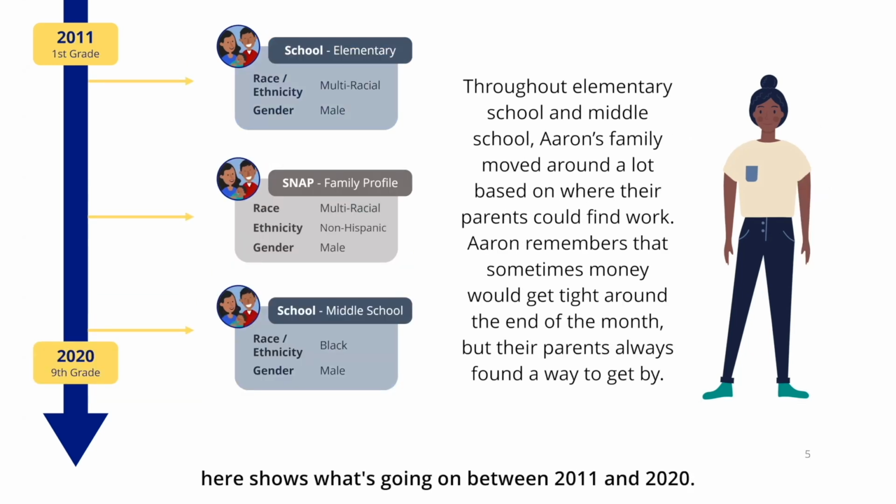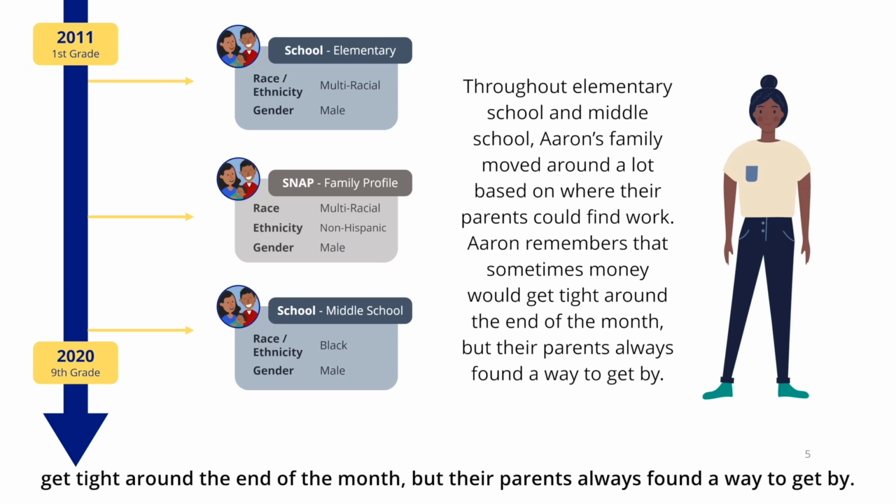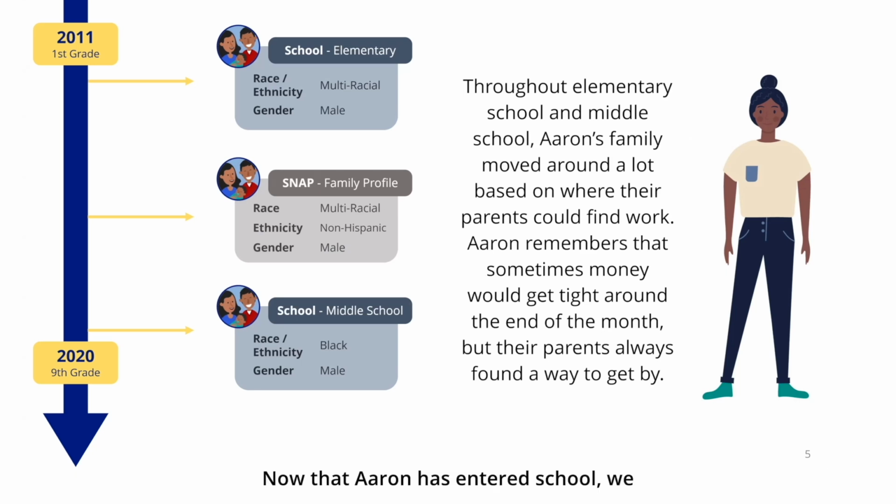This slide here shows what's going on between 2011 and 2020. Throughout elementary school and middle school, Aaron's family moved around a lot based on where their parents could find work. Aaron remembers that sometimes money would get tight around the end of the month, but their parents always found a way to get by. Now that Aaron has entered school, we see how their demographic information was also recorded in the school system.